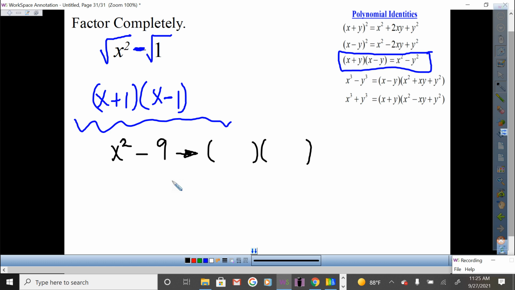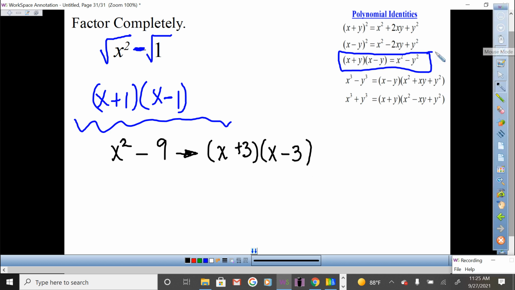Let's see, what'd you get, Drina? X what? X plus 3 and X minus 3. Hands, you got that? Okay, let's do another one. And check and make sure. Is it a difference? Yes. Can you take the square root of this? Yes. How about this? Yes. Okay.